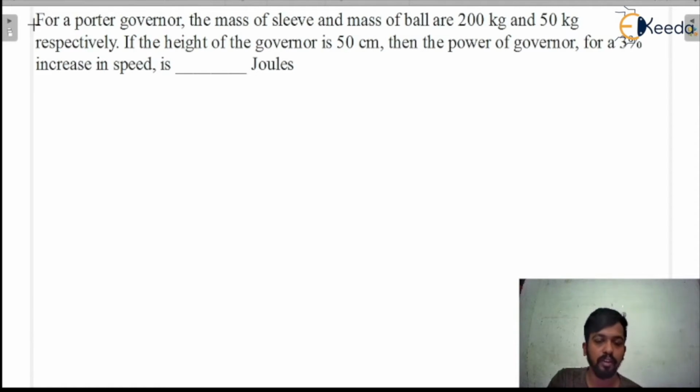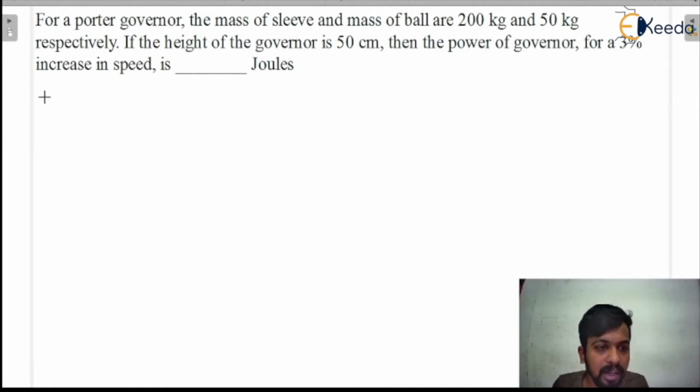We have calculated the formula for the power of the Porter governor when there is a decrease in the speed of the governor. In the question, the mass of the sleeve and the mass of the ball are 200 kilogram and 50 kilogram.